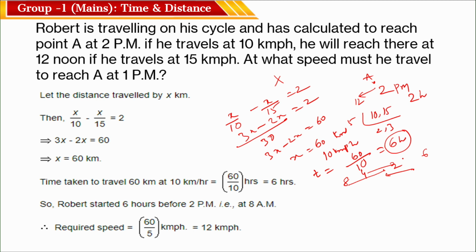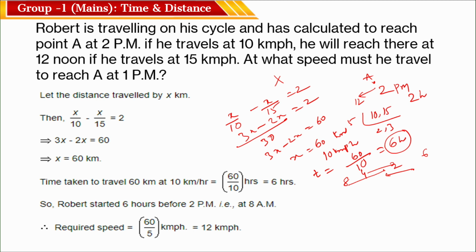So, when he started at 8 a.m. and traveled the cycle with the speed of 10 kilometers per hour, he reaches the point A at 2 p.m.